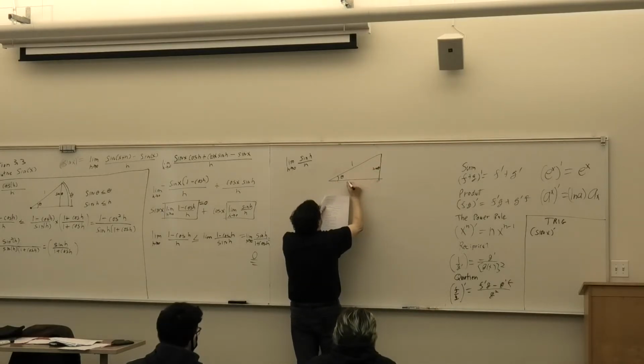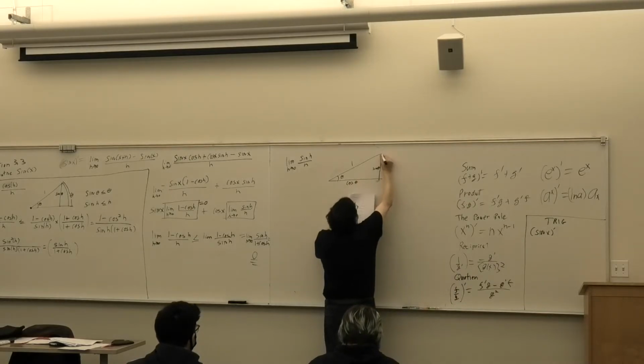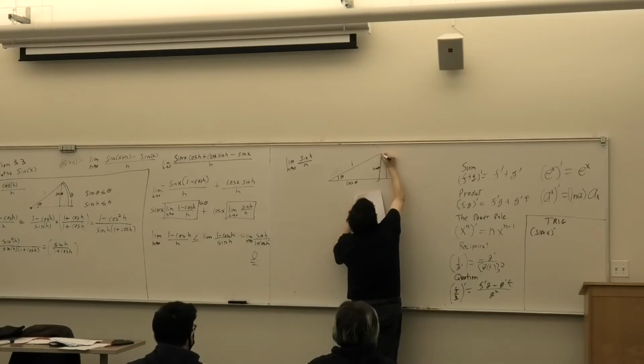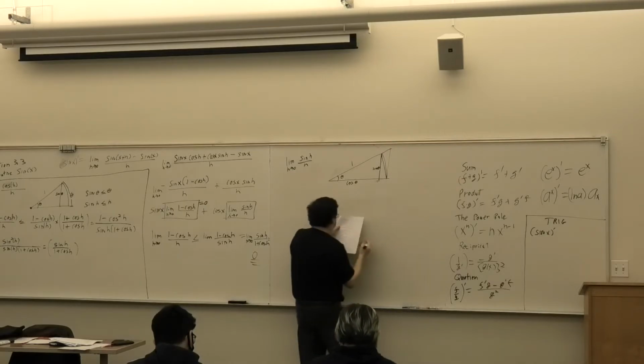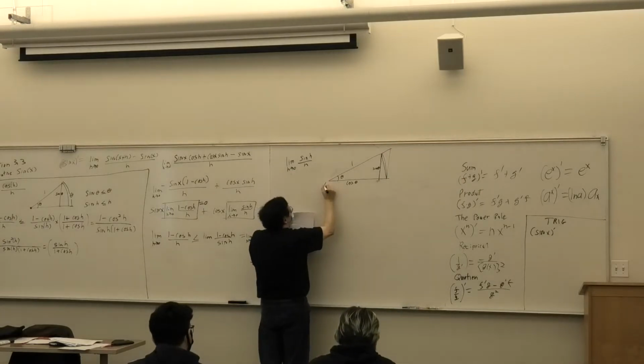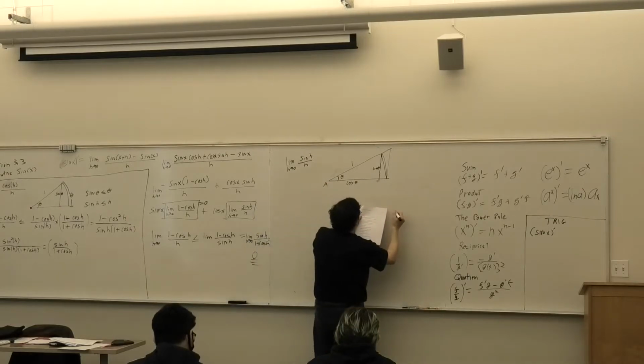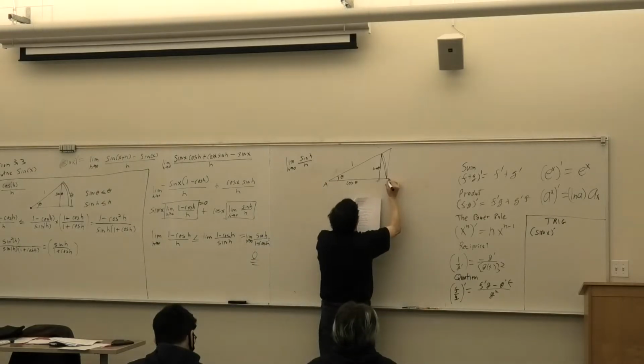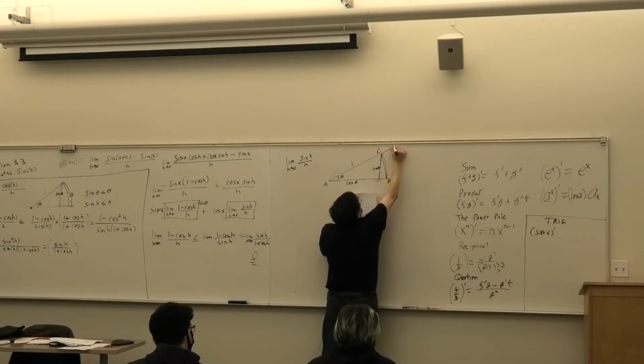The adjacent side is cosine theta. And we have a sector here. We have a length here. We're going to extend this to here, and we're going to give these coordinates some names.